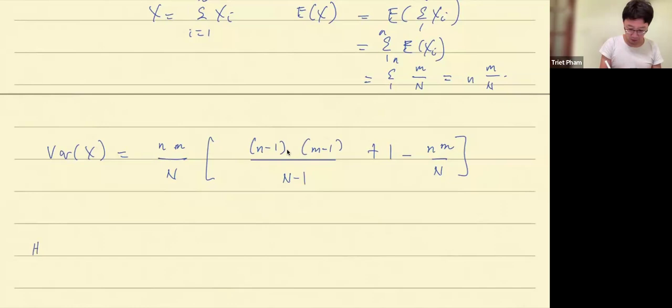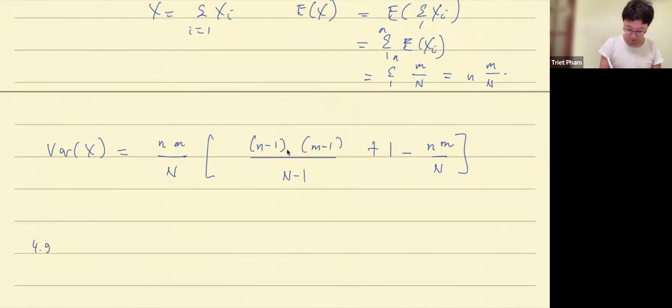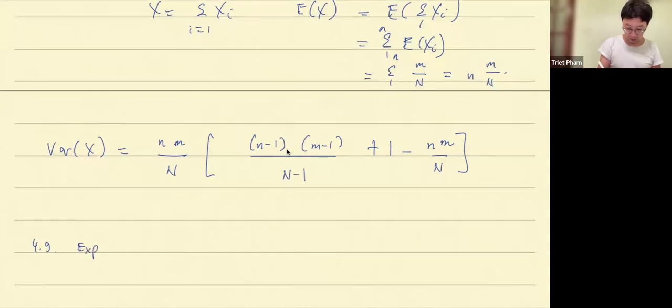So there's section 4.9. 4.8 and before talks about the family of discrete random variables you should know. 4.9 talks about expected value of sums of random variables.